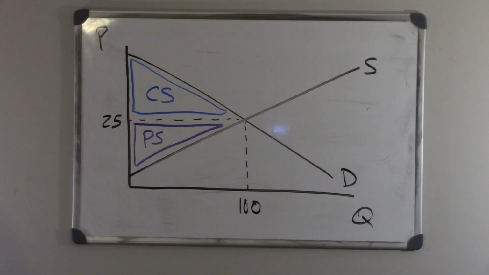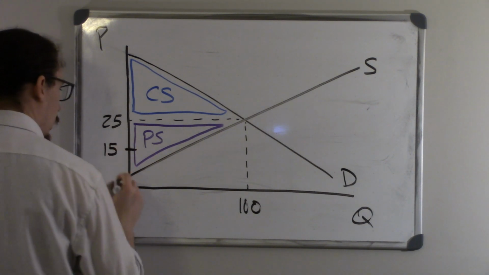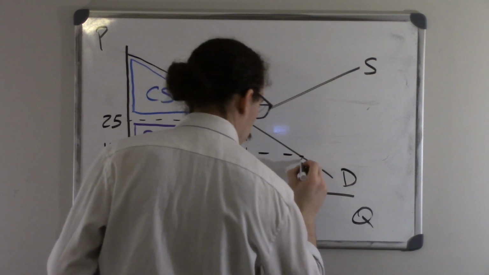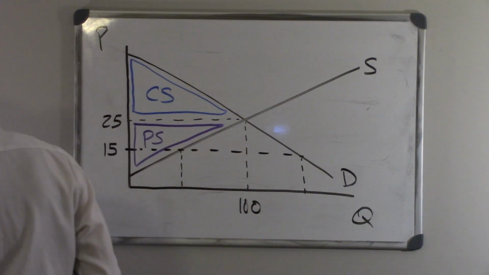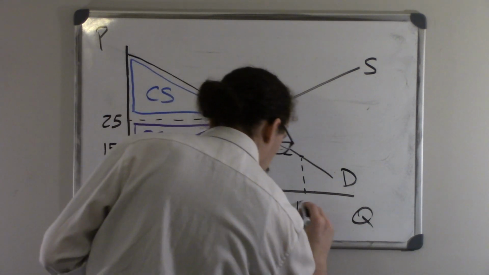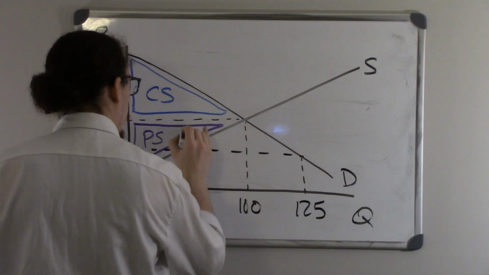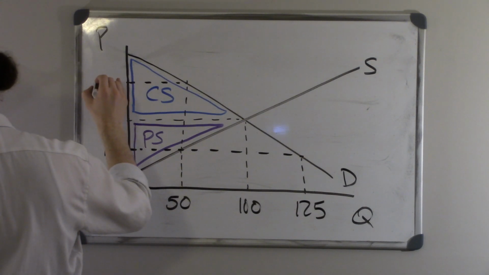Now, when we include a price ceiling, let's say that we do a price ceiling of 15. So we're going to say we've got this price ceiling of 15. We can go ahead and run this over, and we're going to run this up.